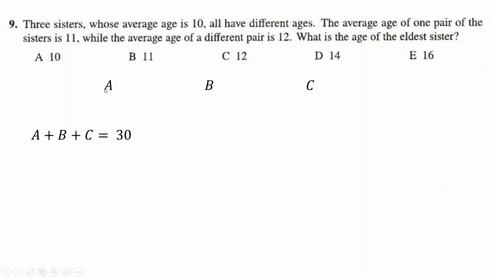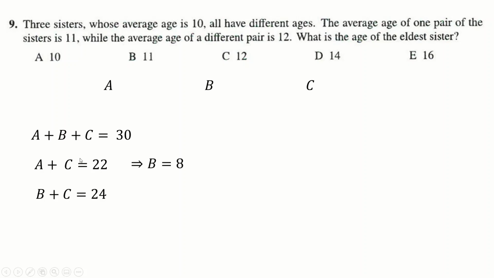So what must be happening is the average age of the last pair, the two youngest, must be quite a long way below 10 to make this all balance out. So B and C must add up to 24, because 24 divided by 2 gives you the 12, and C plus A must add up to 22. Again, 22 divided by 2 is 11. And we can use this to work out the answer here.